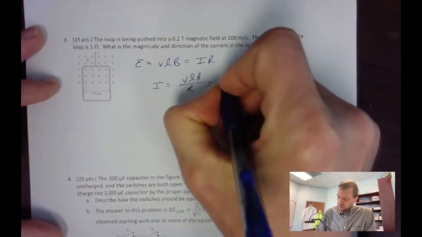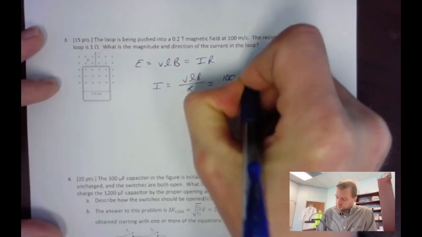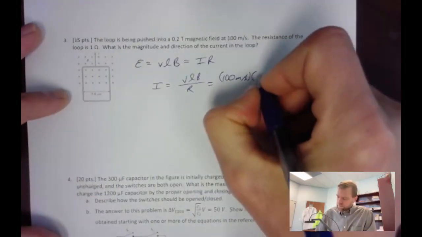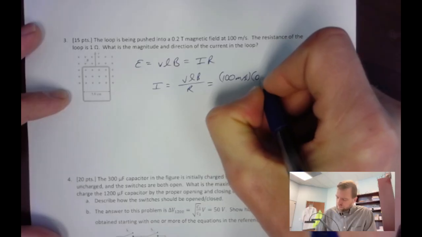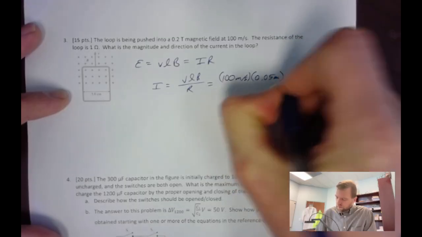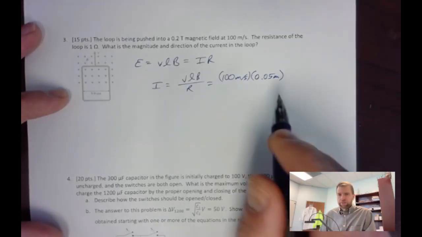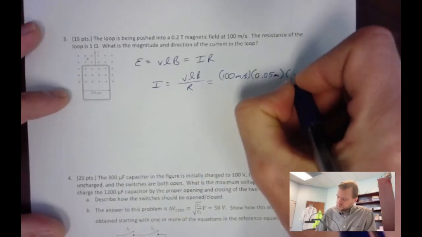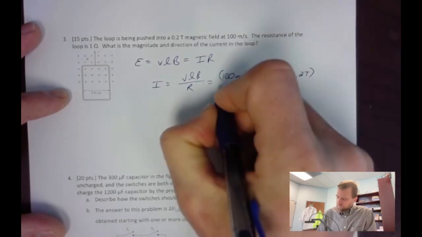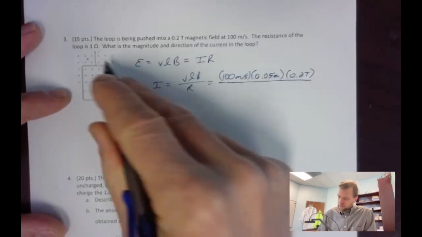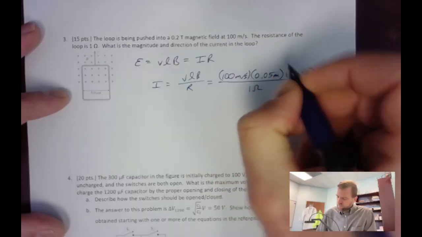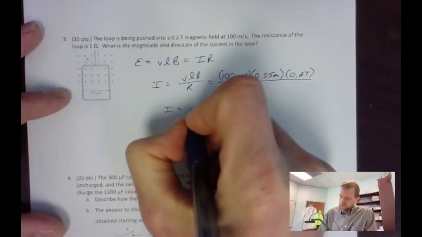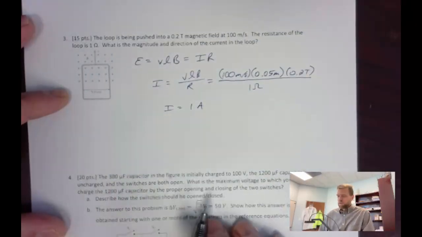The velocity is 100 meters per second, L is 5 centimeters, which is 0.05 meters, the B field is 0.2 Tesla, and the resistance is 1 ohm. When I crunch all of this, I get 1 amp for the current.